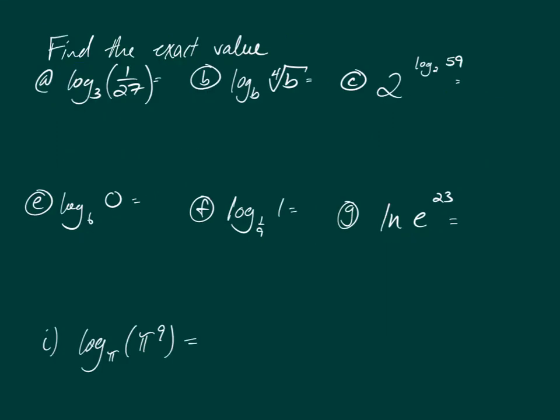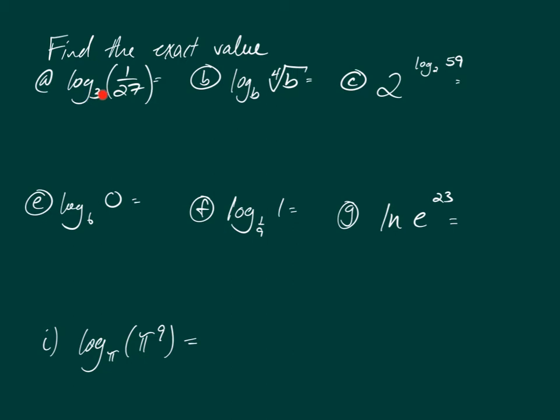All right, on this slide, we will be asked to find the exact value of each given expression. So in this first one, part A over here, this is log base 3 of 1 over 27. And we can surely figure this out if the base of the argument, what's inside here, matches the base of the log.